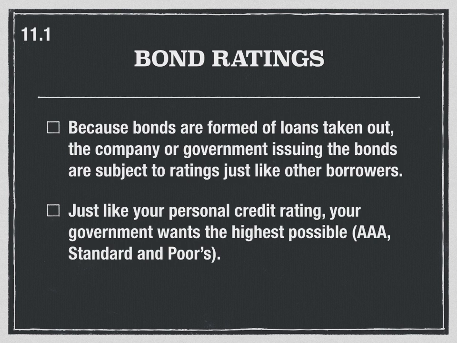Companies and governments have bond ratings, which affect the interest rate they have to pay and also the value of the par of the bond. Now, a $1,000 bond is a $1,000 bond, but what do you pay for that $1,000 bond? You could get a discount, but it would be because the company or the government that issues that bond is not rated as high or as trustworthy as another company.